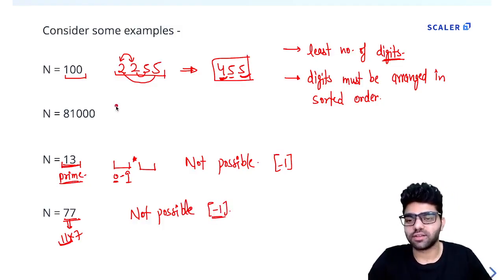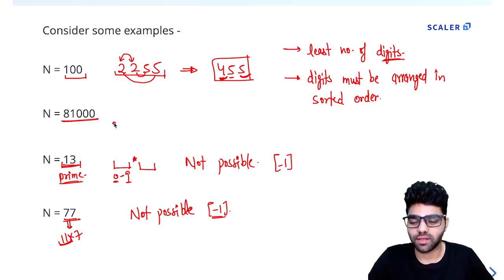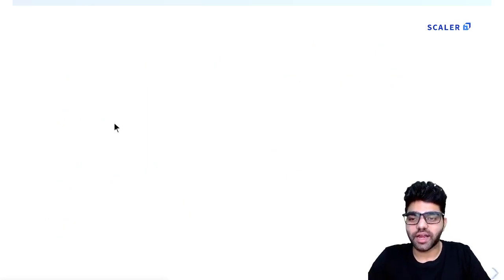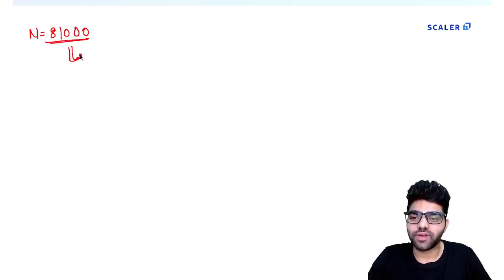All right, now let's discuss this case 81,000. Basically the idea is to use prime factorization. The value of n is 81,000. Prime factorization of this number is 2 to the power 3, 3 to the power 4, and 5 to the power 3.